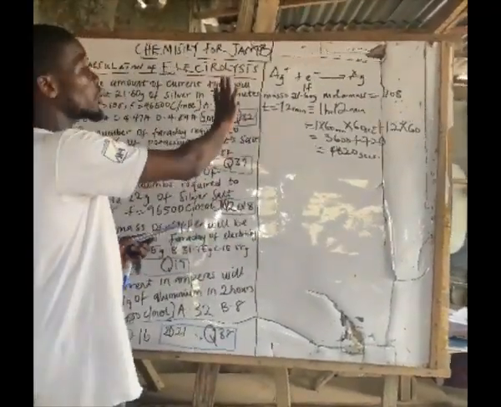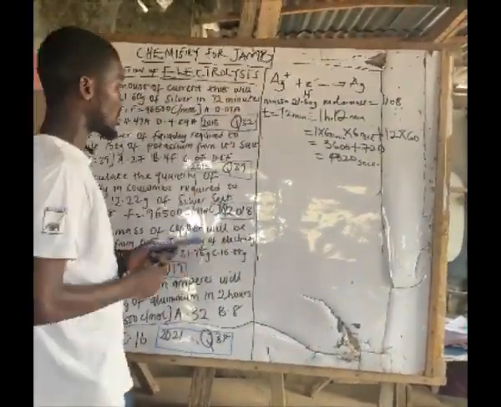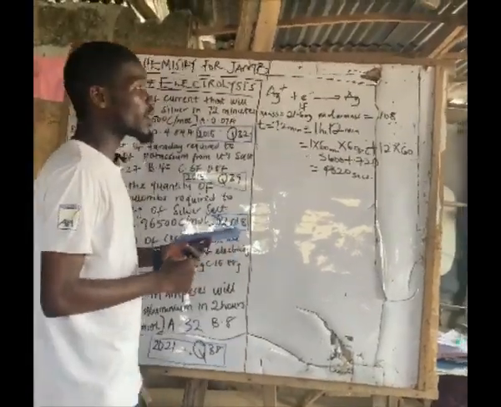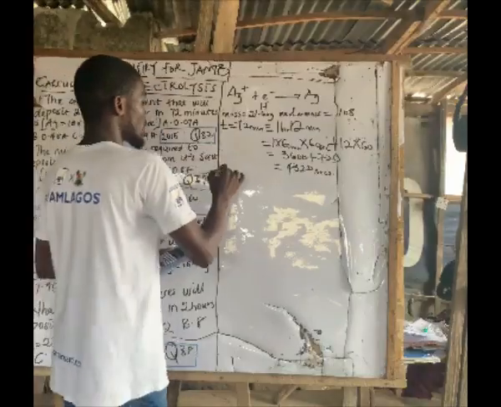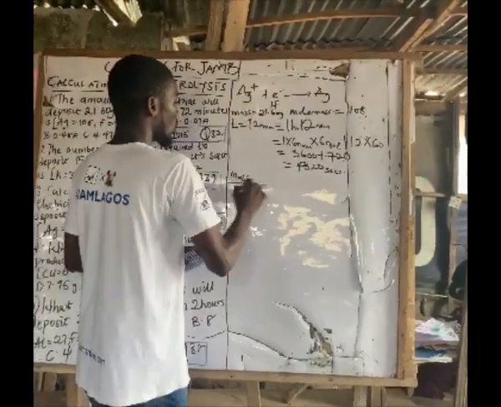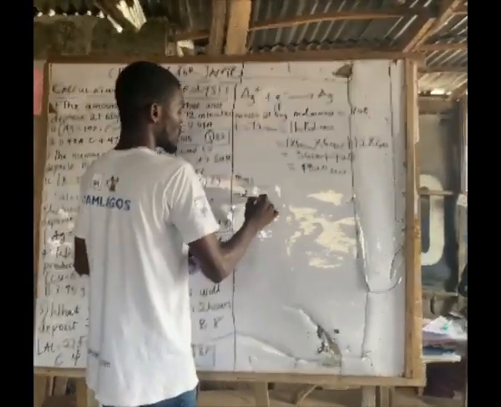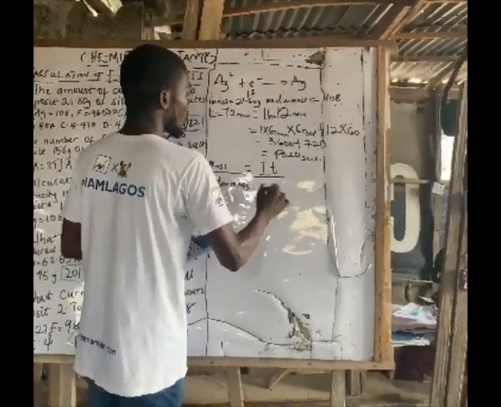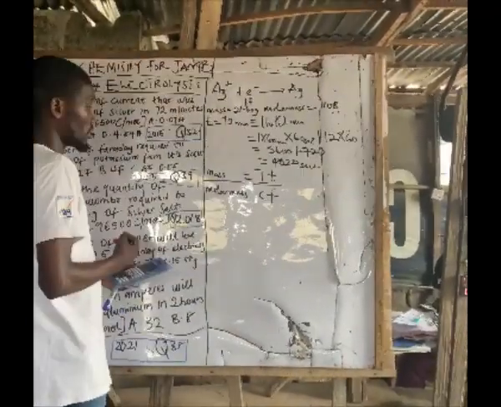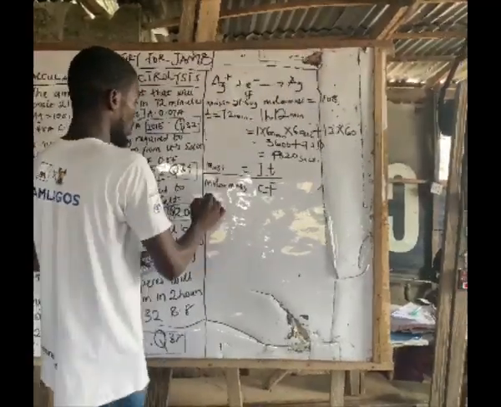So guys, looking at what you have on the board now, you have all the parameters out there. Go back to the formula I gave when I was showing the first Faraday law of electrolysis, which is mass over molar mass is equal to IT over CF.